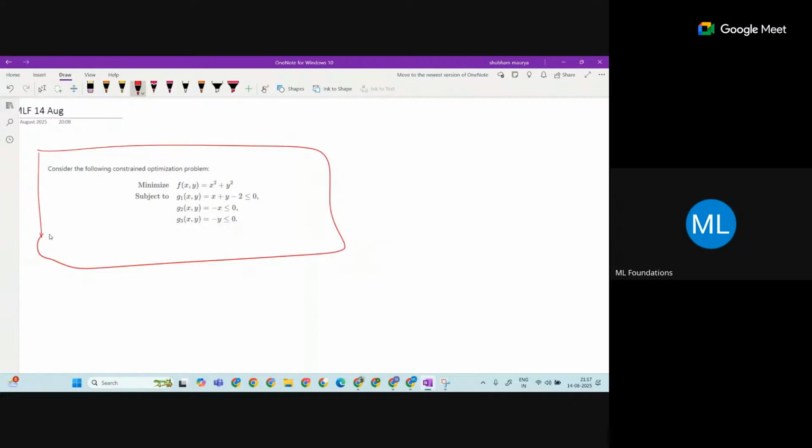All of you solve with the KKT. I will solve with the method I just discussed, and let's see who gets a match with the correct option. So please try first, and then I will solve with the method I just discussed. I think it is discussed in the tutorial.